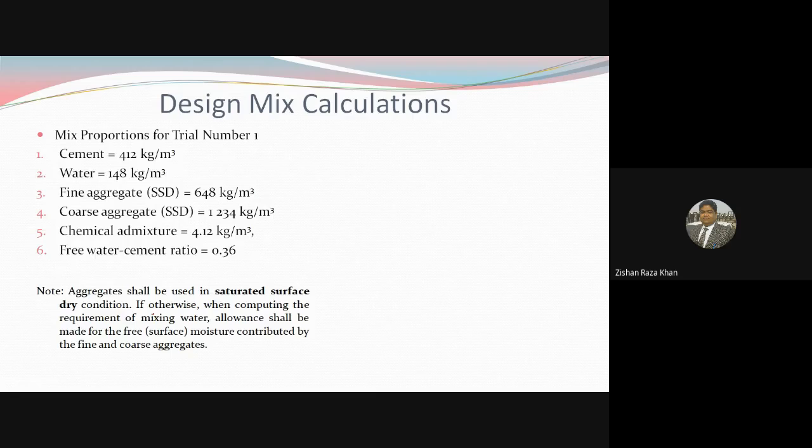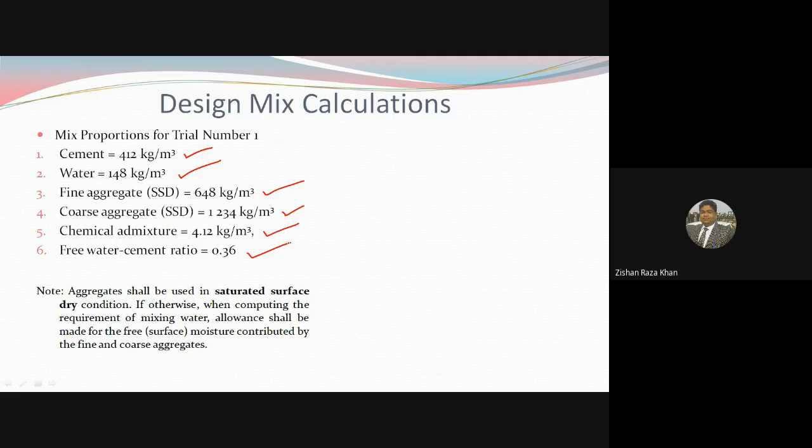Okay. Now, so trial number one comes out to be cement 412 kg, water 148 kg, fine aggregate 648 kg, coarse aggregate 1234 kg, chemical admixture 4.12 kg, and water cement ratio is 0.36.